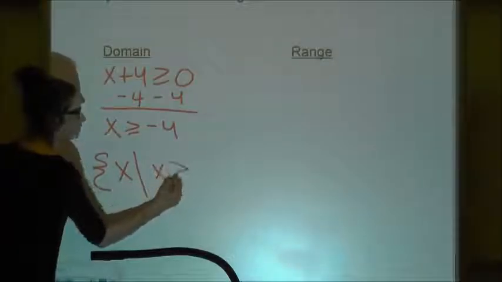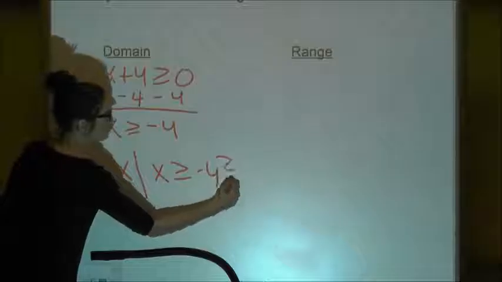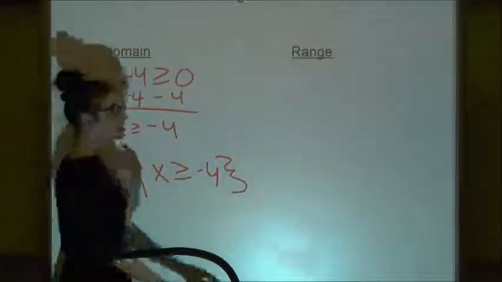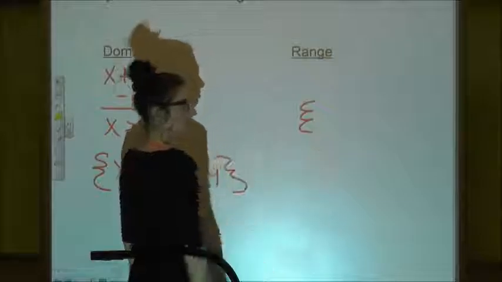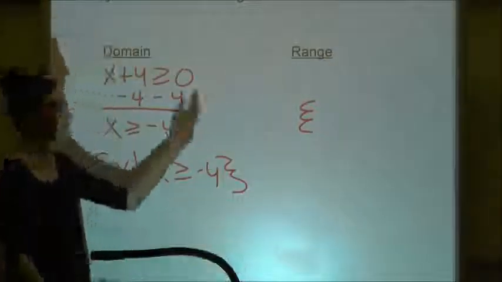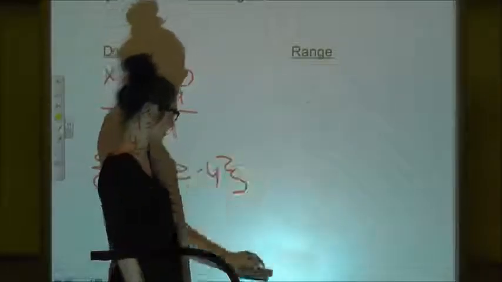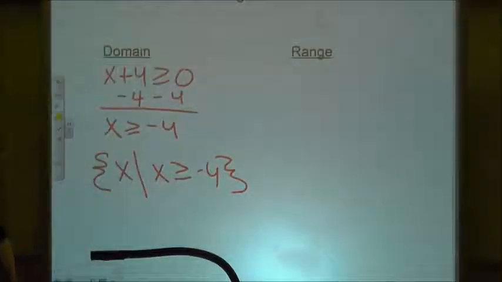Then you put x is greater than or equal to negative 4, and you do another brace. You could put parentheses, honestly this is how I used to do it. Same thing, not a big deal.